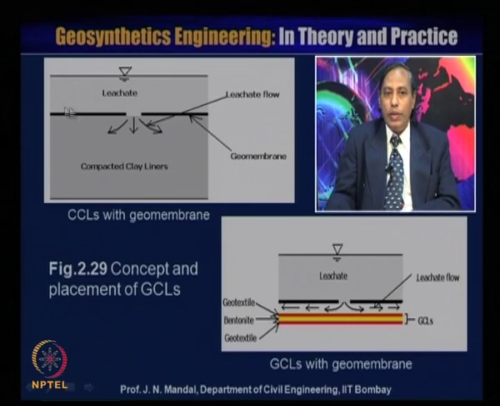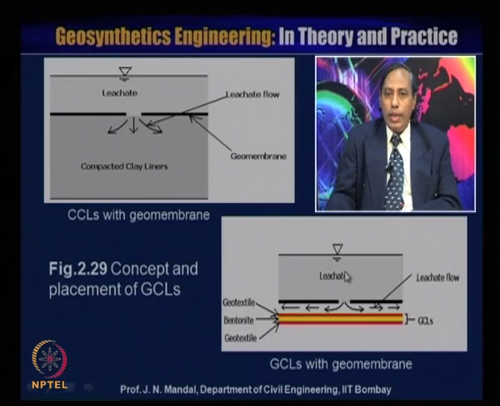This is the geosynthetic clay liner, or it may be the geomembrane, but what will be the concept and the placement of the geosynthetic clay liner? We are providing the geosynthetic clay liner here, and you can see the bentonite with the geotextile on the top and the bottom, like a sandwich.